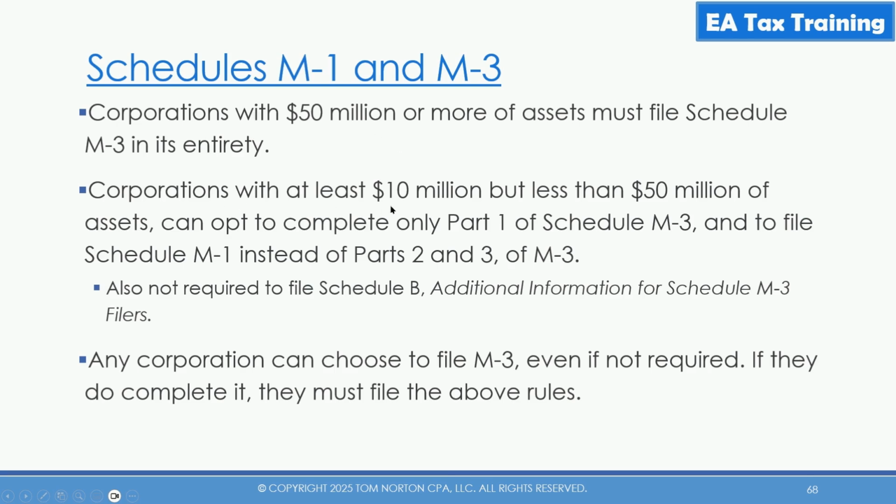Corporations with at least $10 million but less than $50 million can opt to complete only Part 1 of the M3 and then file Schedule M1 instead of Parts 2 and 3 of M3. And if they're not required to file Parts 2 and 3, then they are also not required to file Schedule B. Any corporation can choose to file M3 even if it's not required, but if they do so, they have to follow these same rules.